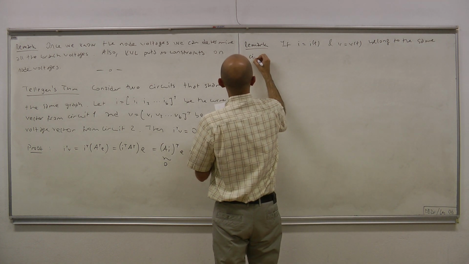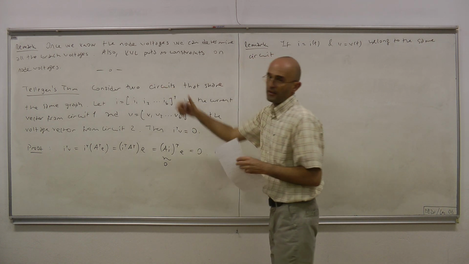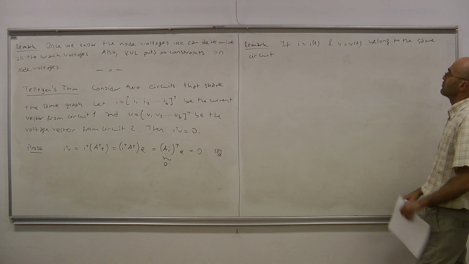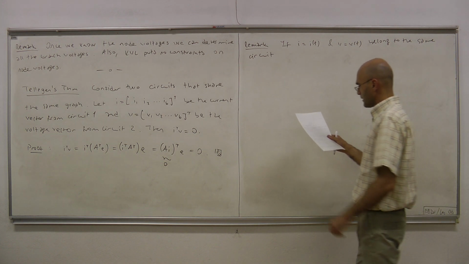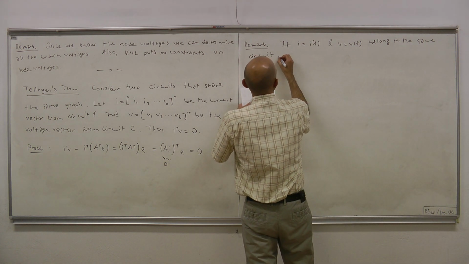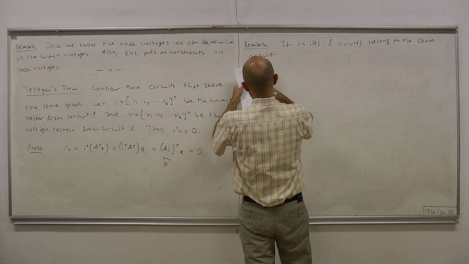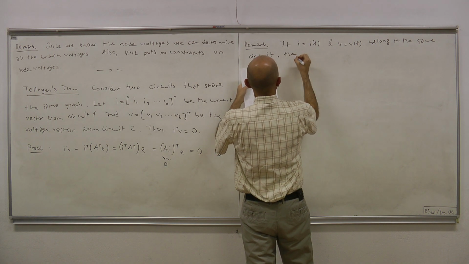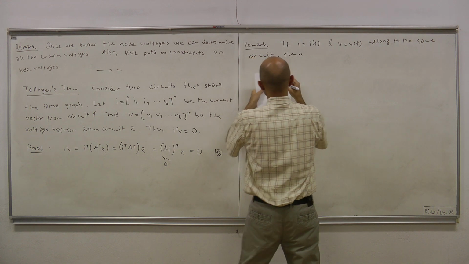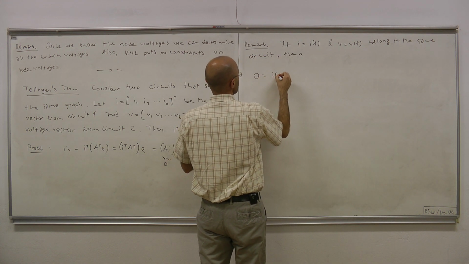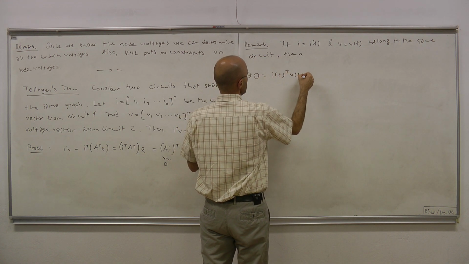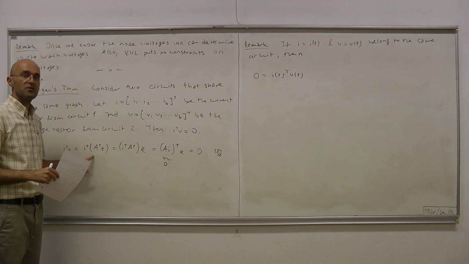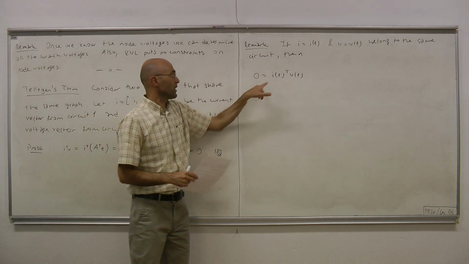Well, if Tellegen's theorem is true for two different circuits, clearly it must be true for the same circuit. Then we can write I(t) transpose V(t) equals 0. So this is just what we have proved, Tellegen's theorem. This inner product is 0.